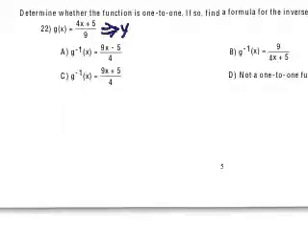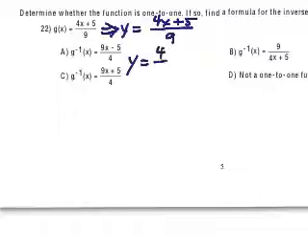Okay, so we'll call g of x y, and so y equals 4x plus 5 divided by 9, and so we'll divide the 9 and we'll get y equals 4/9 x plus 5/9.